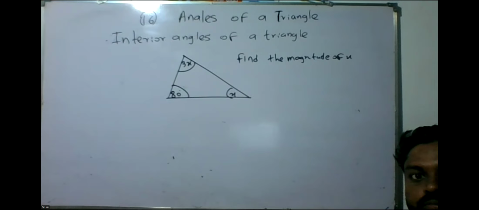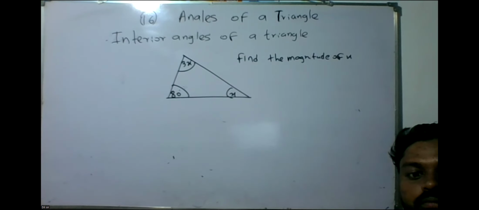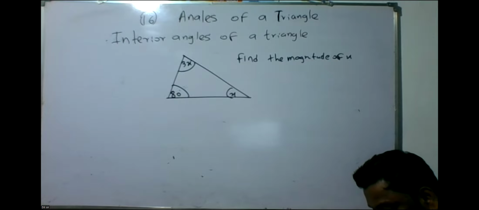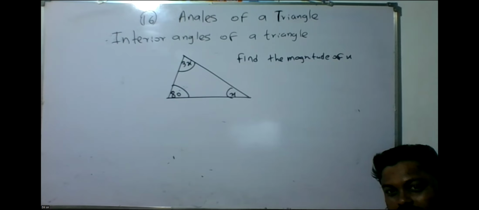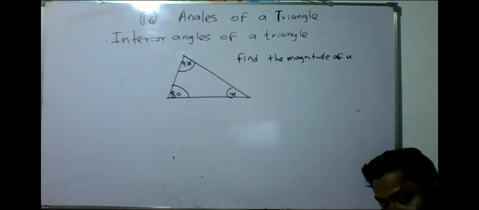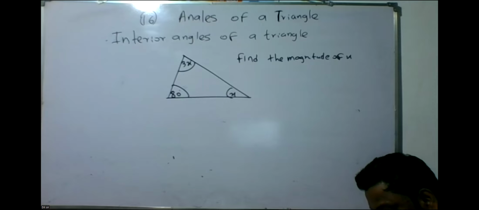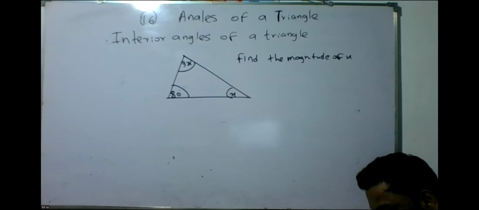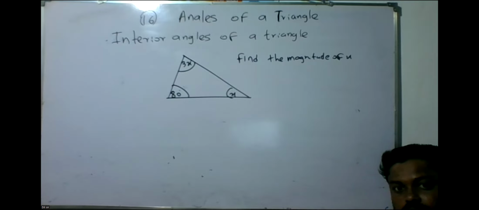What is x? 100 divided by 4. What is the answer? Yes, it is 25.